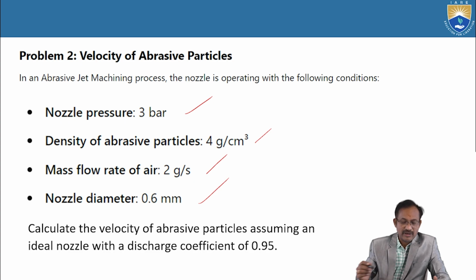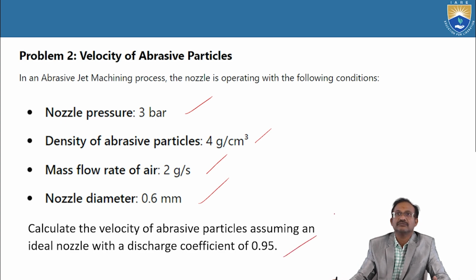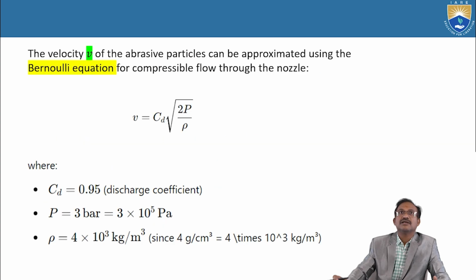Calculate the velocity of the abrasive particles assuming an ideal nozzle with a discharge coefficient of 0.95. Sorry, 0.9.